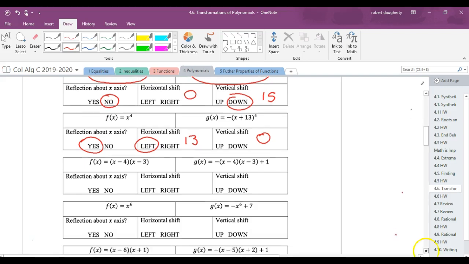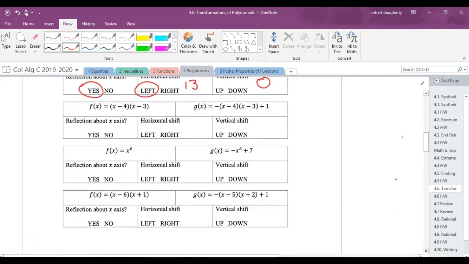Let's look at the next one. Has it been reflected about the x-axis? Yes, the key is I had a positive here and I've got a negative here. The same thing would happen if this one were negative or that one were positive. The sign has changed. So this is reflected about the x-axis. Did it move horizontally? Yes or no?